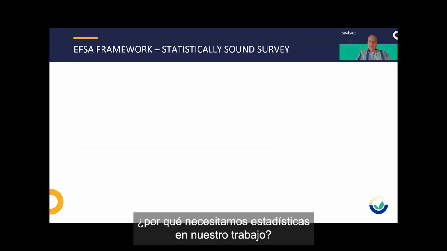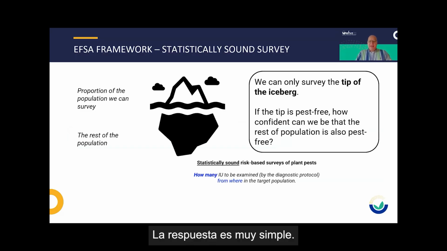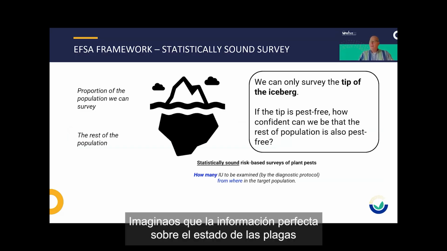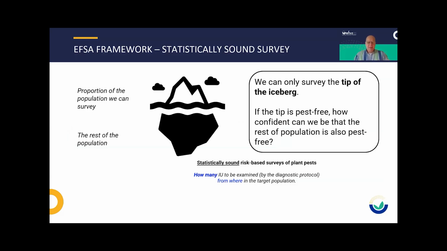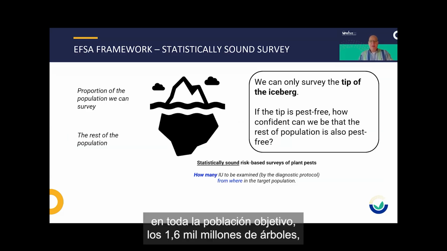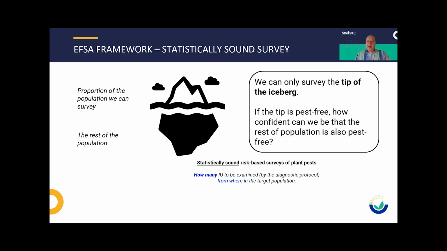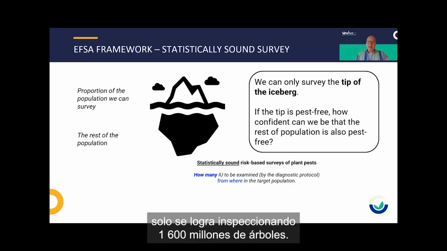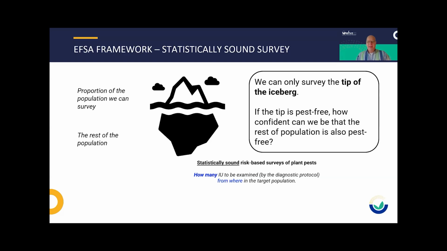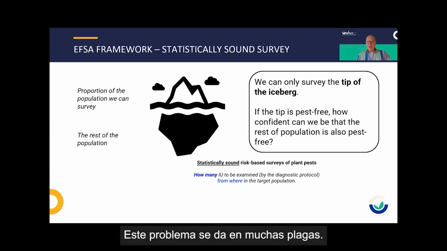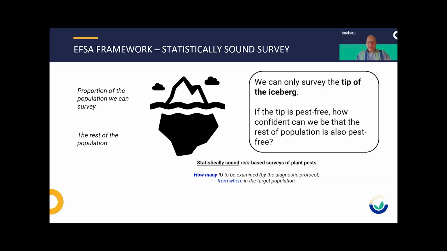So why do we need statistics in our consideration? That is very simple if you imagine that perfect information about the pest status in a target population of 1.6 billion trees is achieved only by inspecting 1.6 billion trees. And now you will immediately object and say that's not practical. And indeed, that's true. Because this is not only a problem with our pest, but with many other pests, there were people thinking about how we can solve this.